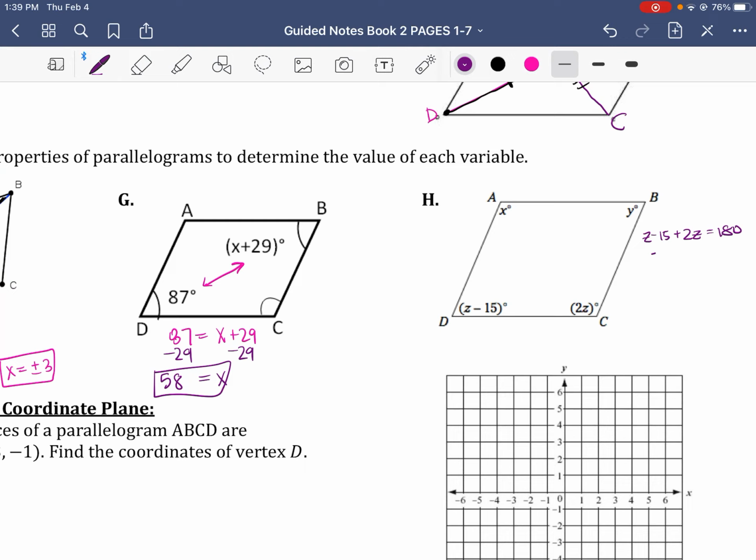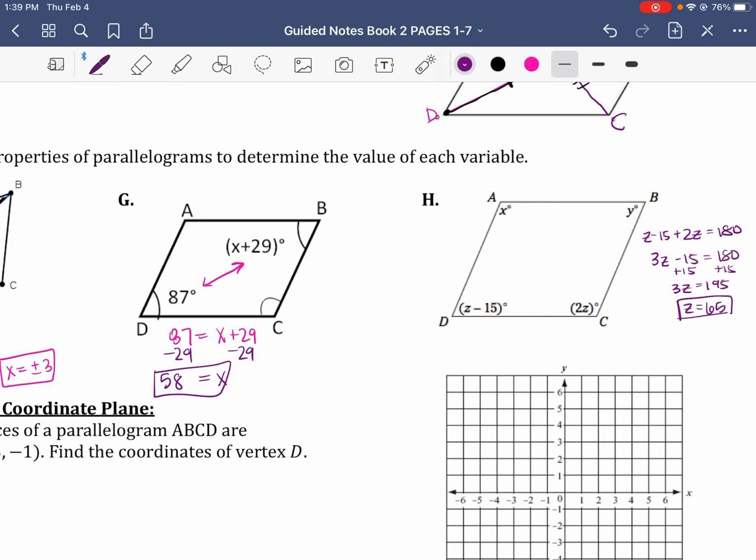So z plus 2z is 3z. We still have that minus 15. We're solving for z, so we add 15. 3z is equal to 195. Divide by 3. And z would be equal to 65. So we found the value of 65.